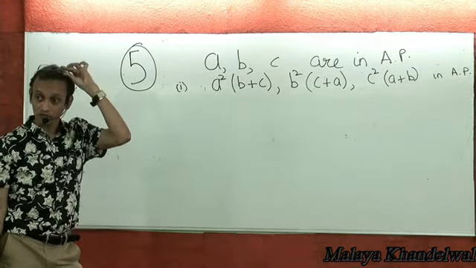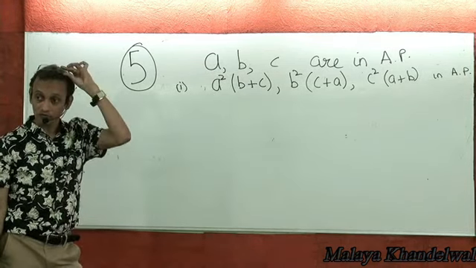If these are in AP, right? If a certain number of terms are in AP, then you can add the same number to each term and the resulting sequence will still be in AP, right? So this would be in AP if these are in AP? Yes or no? These would be in AP if and only if.